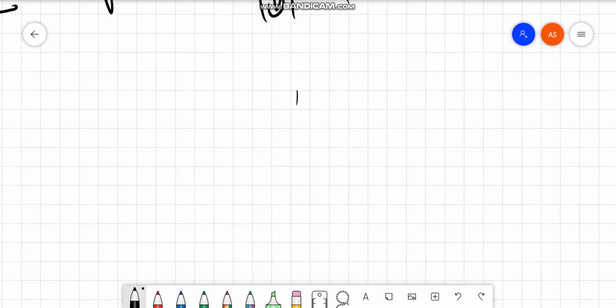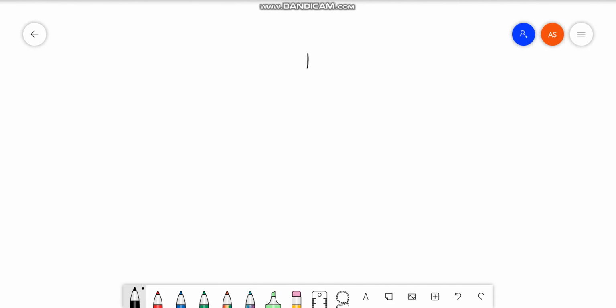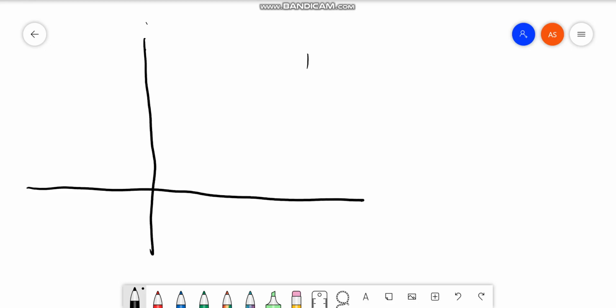Now, let's try to do an example. Okay, so let's say we have a graph that goes like this, with pi over 2, this is pi.